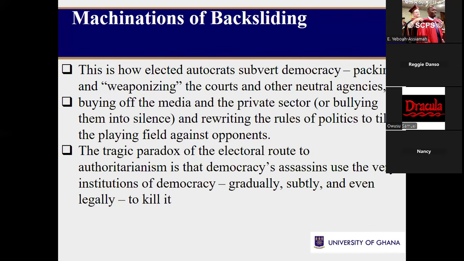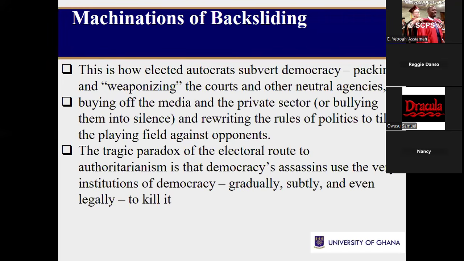So if the OSP is prosecuting someone in the court, then the government realizes that this person is part of us. Why is the OSP pursuing the person? Hey, Attorney General, go and stop the thing in court. So the Attorney General can easily go and file a nolle prosequi just to cut short the prosecution of the case. So we use the very institutions of democracy to gradually, subtly, and even legally kill it.